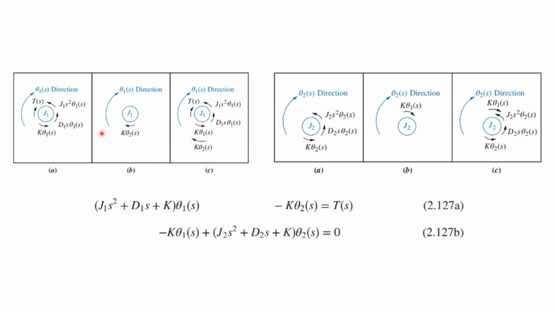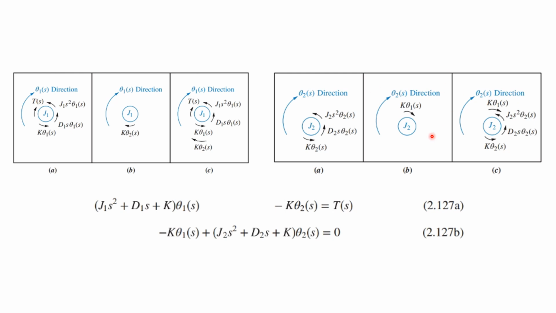So from the first set of equations for J1, we can write our two equations of motion. We have J1 S squared plus D1 S plus K times theta 1, minus K times theta 2, equals T of S, because the torque is only acting on J1.